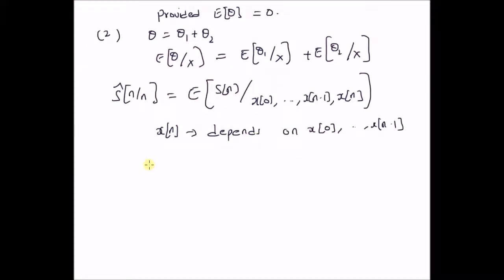So we define a new term x tilde of n, which is equal to the difference between x of n and the expected value of x of n given n minus 1. So basically we are defining a new term which can be seen as an innovation within the observation x of n, which basically removes all the dependencies with respect to the previous observations.